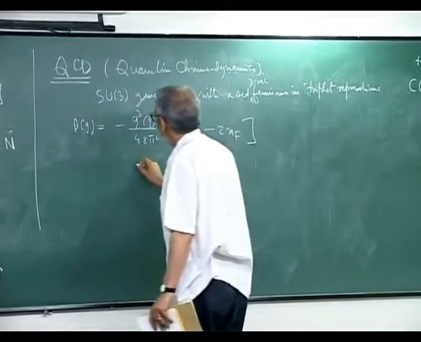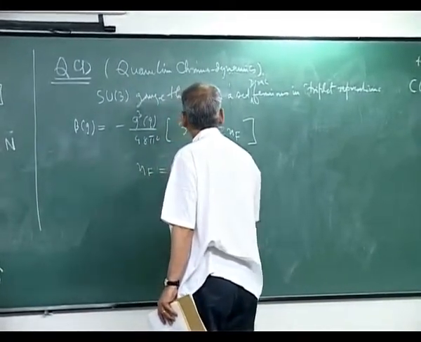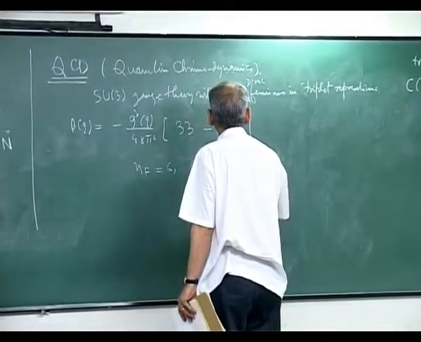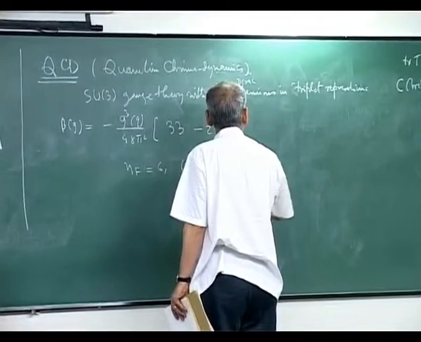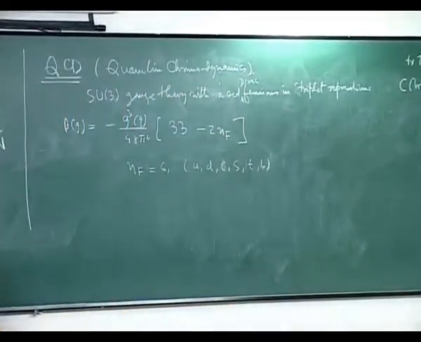And like I said, N_F for QCD is 6, because we have up quark, down quark, charm quark, strange quark, top quark, bottom quark. Each one of them is in a color triplet.